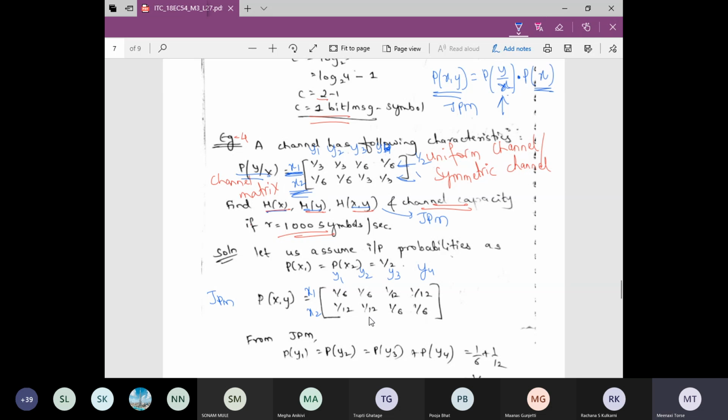Probability of x1 is 1 by 2, and probability of x2 is 1 by 2. So 1 by 2 into 1 by 3 is 1 by 6. 1 by 2 into 1 by 3, 1 by 6. 1 by 2 into 1 by 6 is 1 by 12. Fourth element is also 1 by 12.